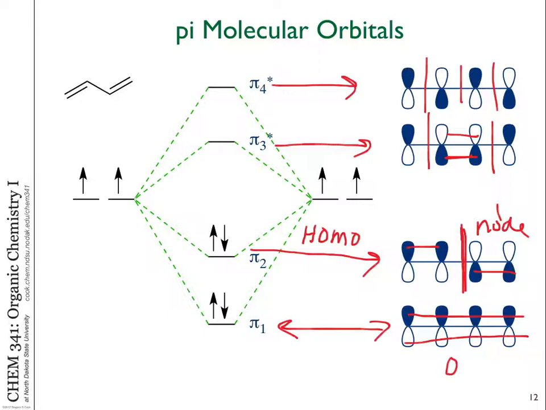What's important to recognize, and not that I'm going to have you be able to draw these and construct all these orbitals, what I want you to recognize is that when we do reactions between 2 different molecules, we have to react the highest occupied molecular orbital of one with the lowest unoccupied molecular orbital of the other.